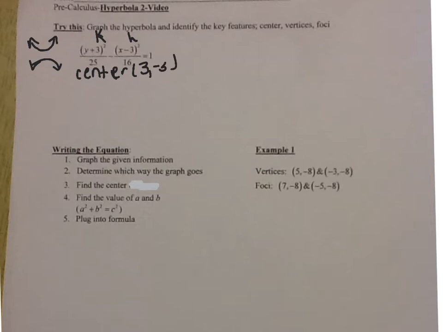Okay, so we have a is equal to 5. b is equal to 4. So let's draw a picture. So I'm going to plot -3, 3. Okay, so here is -3, 3. That's my center.